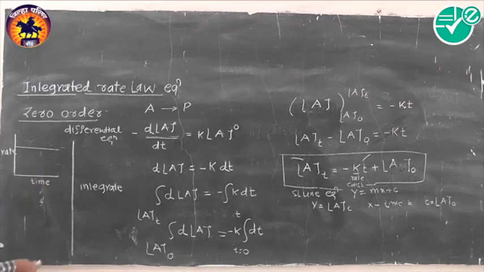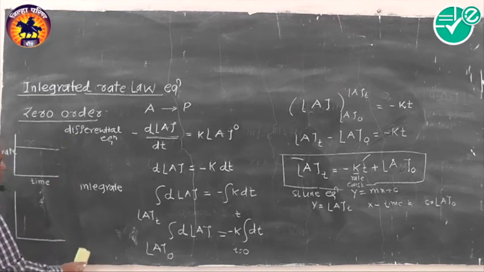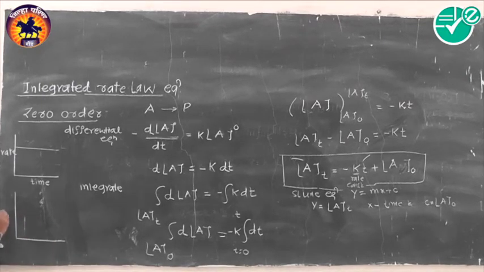And if I want to plot the integrated rate, then the two functions are taken like this. On graph, on x and y axis we are taking the two functions. On the y axis we are taking the function of the concentration of the reactant at time t, and against the time t on the x axis.